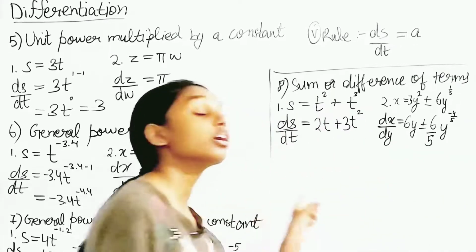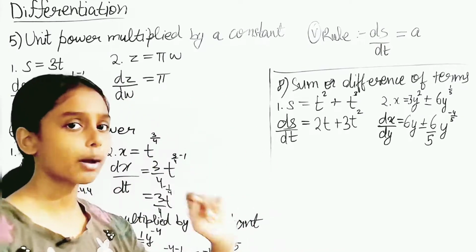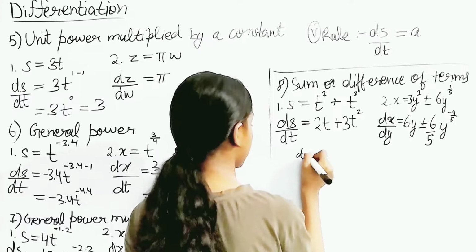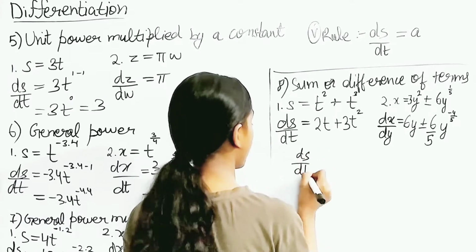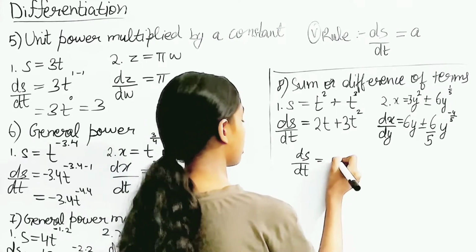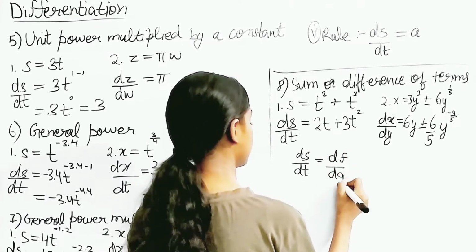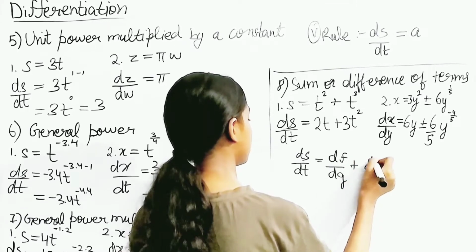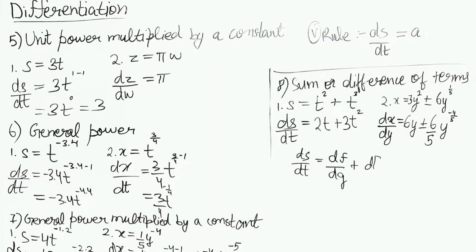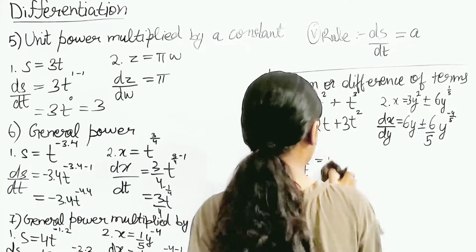Here we have used a new rule, because it's a really different topic. The rule which we have used here is ds by dt is equal to df by dt plus dg by dt. Let me write it again.